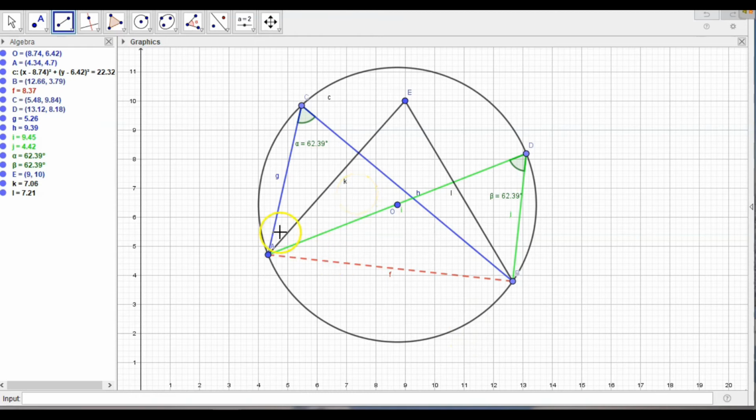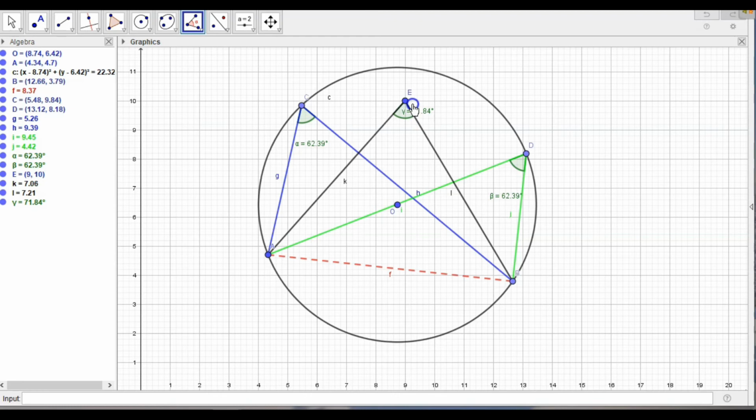Now, let's verify something. Let's measure angle AEB. When you measure angle AEB, it's giving us gamma.